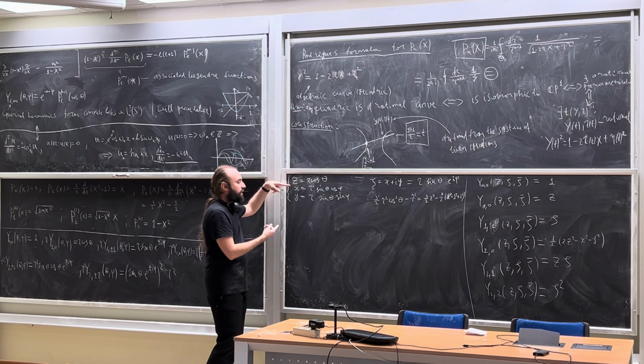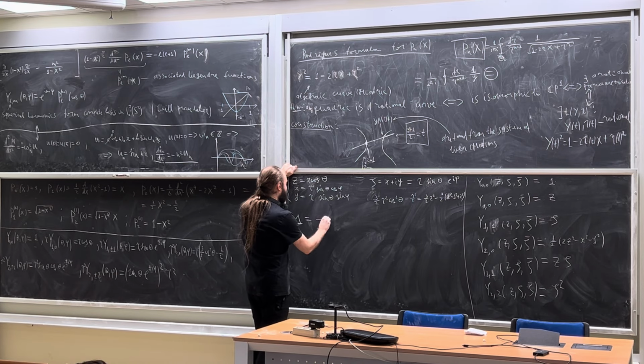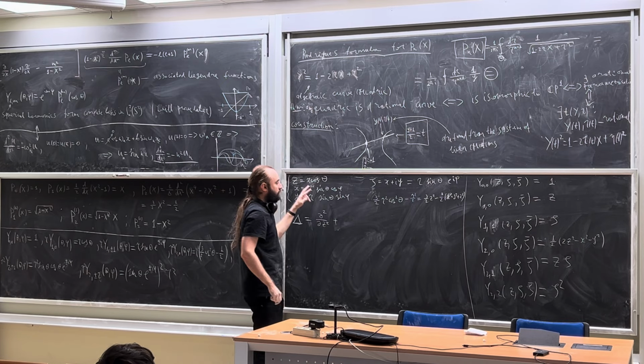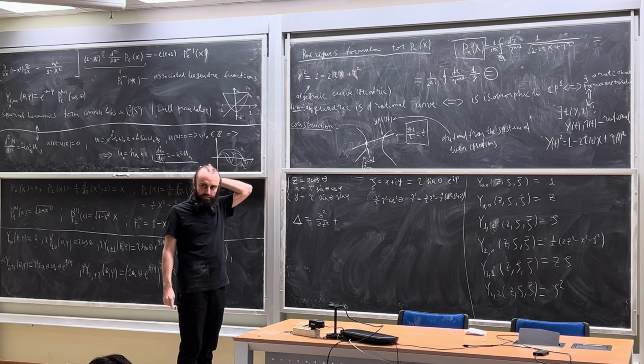And so why am I asking you for this? Because using these coordinates, we can write our Laplace operator in a slightly simpler form. So this Laplacian will be equal to d squared over dz squared. But what will we have instead of x and y derivatives?